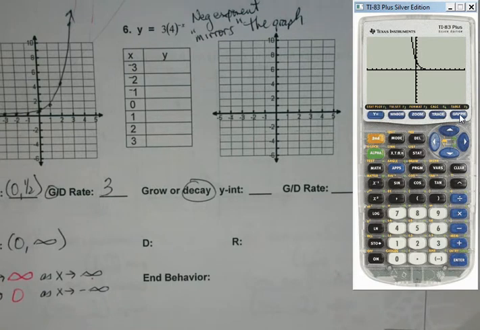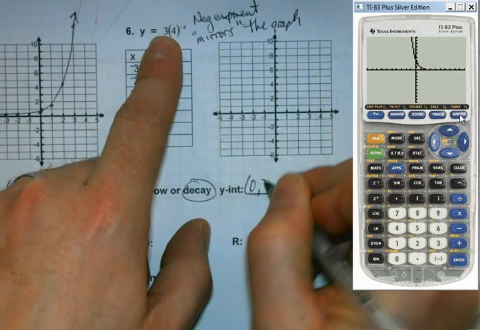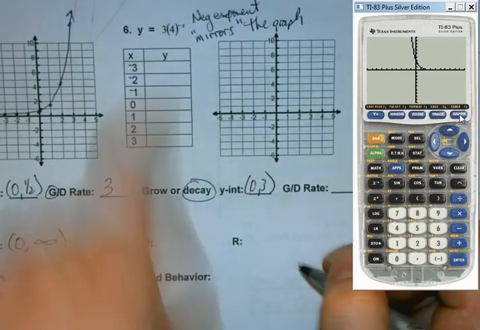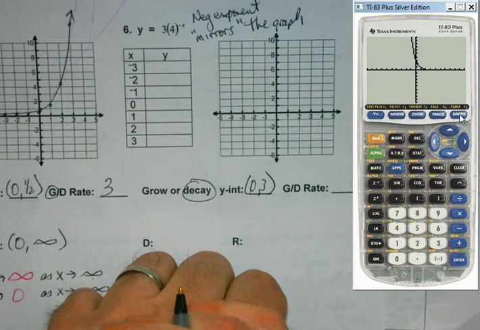So, before I ever look at a table or anything else, what's my y-intercept going to be? Okay, 0, 3, because that's what I use the a value for. What's going to be my rate of decay?